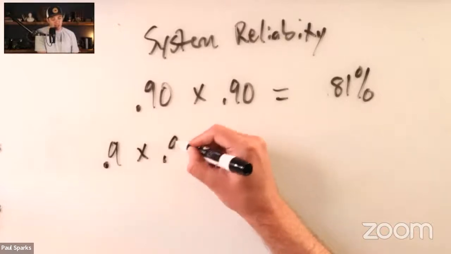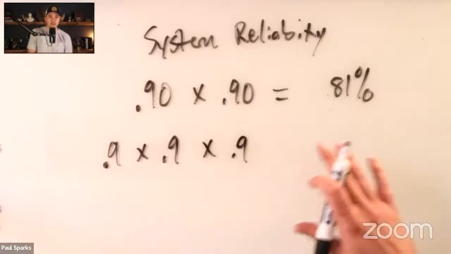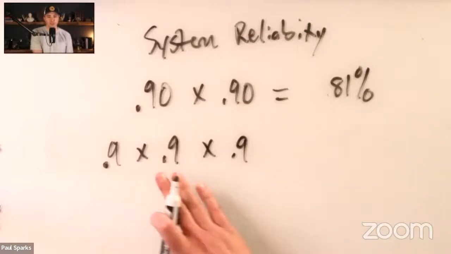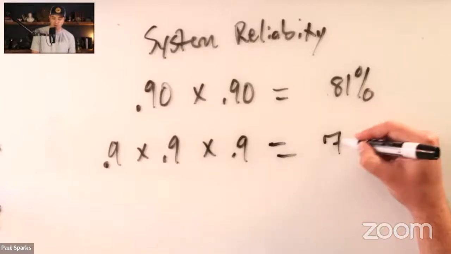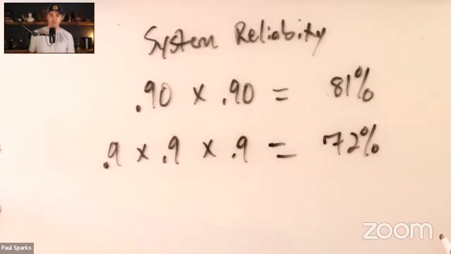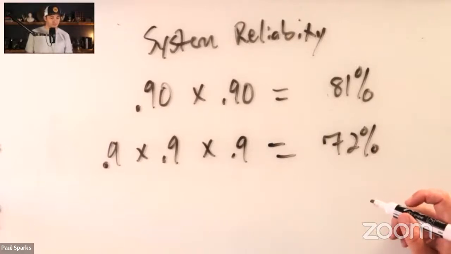But as we add components, so let's add another thing that needs to go right, that's also 90% reliable. So again, this could be just things that you want. The more things that you want, what happens? You drive the reliability of that system down. I think it's 73%, something like that, 72%.